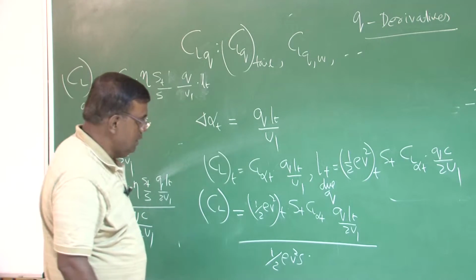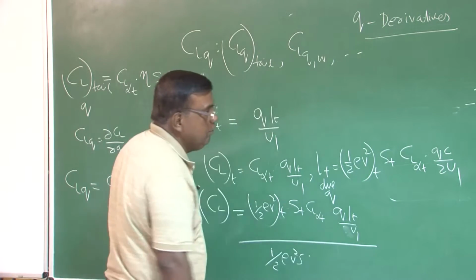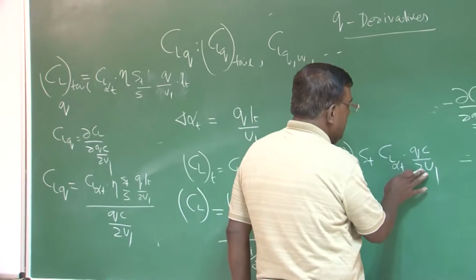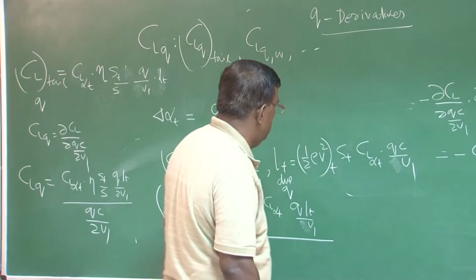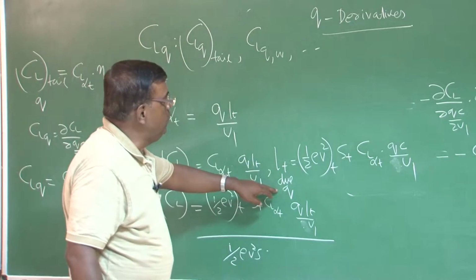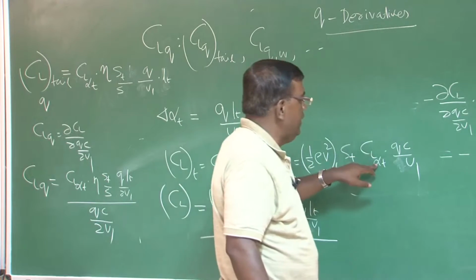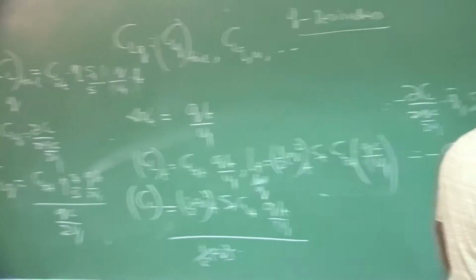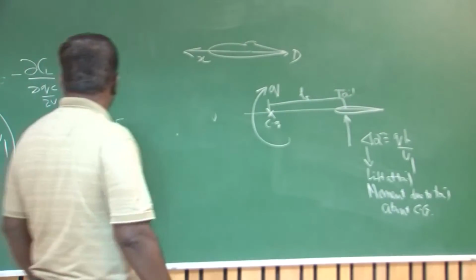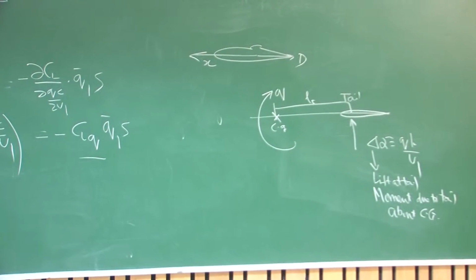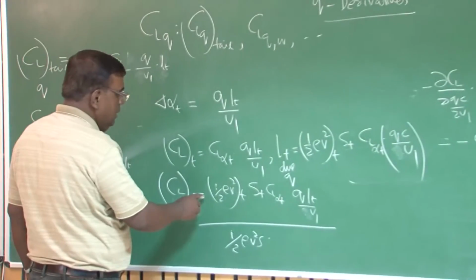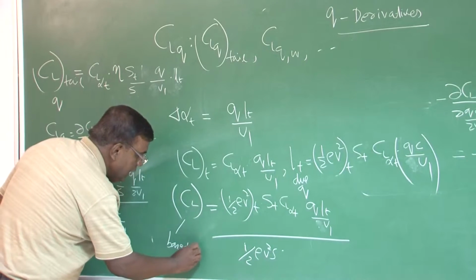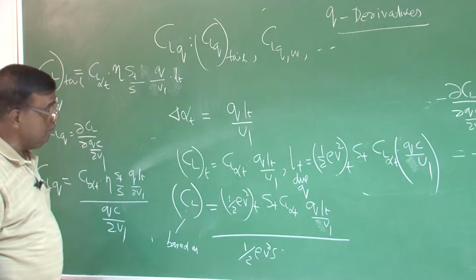Please understand, this will not be 2, this will be Q LT by U1. That is a mistake from my side. CL alpha tail into QC by U1. I repeat, lift due to Q is half rho V square tail ST CL alpha tail into alpha. This alpha is nothing but Q LT by U1. So, there was a mistake here, so you correct it. The CL is based on aircraft reference and based on free stream dynamic pressure.